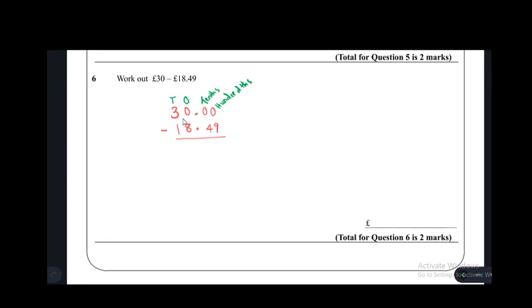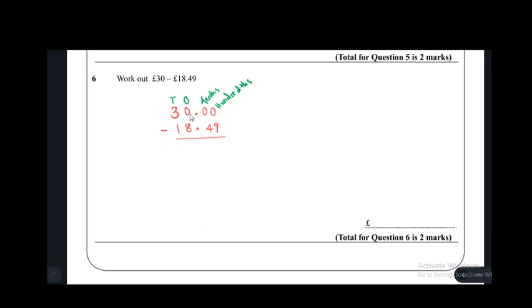So 0 take away 9 is not possible, so I need to borrow from this place. It's 0, still not possible. I cannot borrow something that has nothing. So I go to the next place value. This is still 0. I'm not going to borrow, so I'll go to the tens place value.